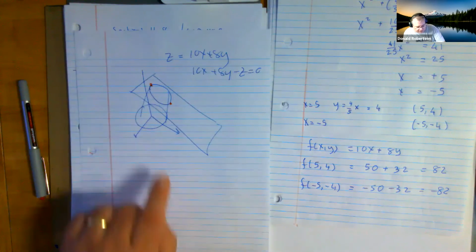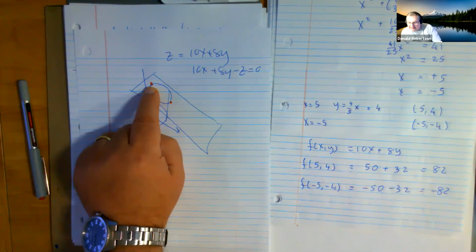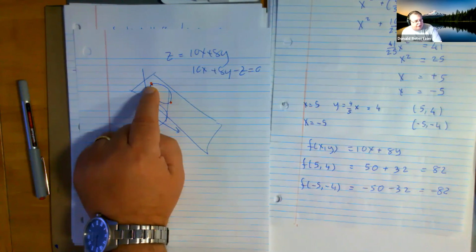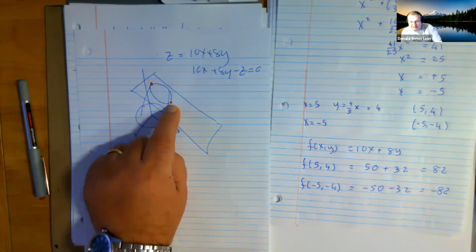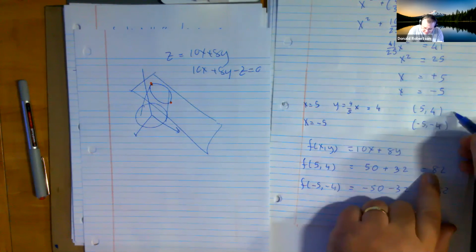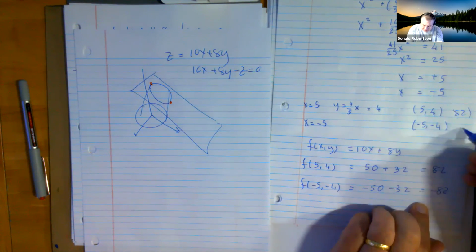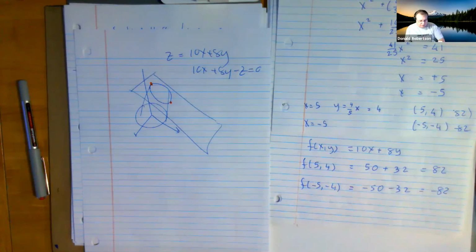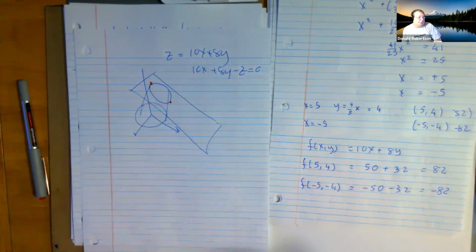So see that guy there? He's got a z value of 82. That's the biggest value the function takes. See that guy down there? He is -82. I can even tell you the coordinates: (5, 4, 82) and (-5, -4, -82). Do you see we even know the coordinates of these points if we were asked?